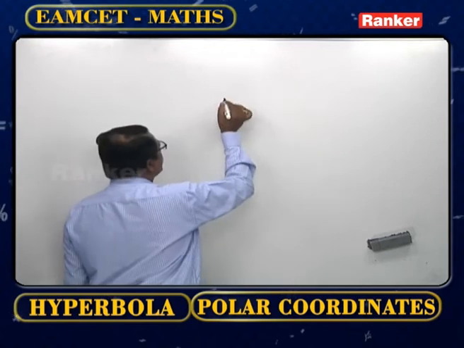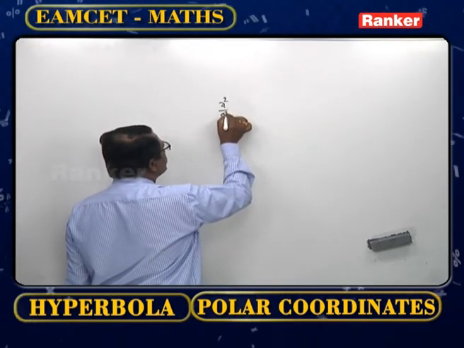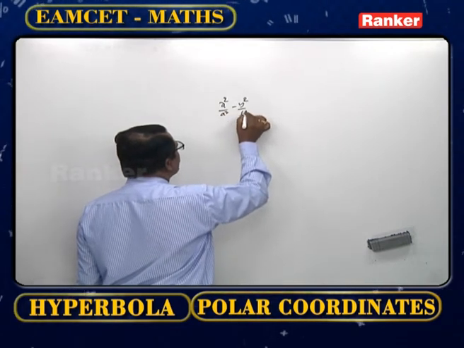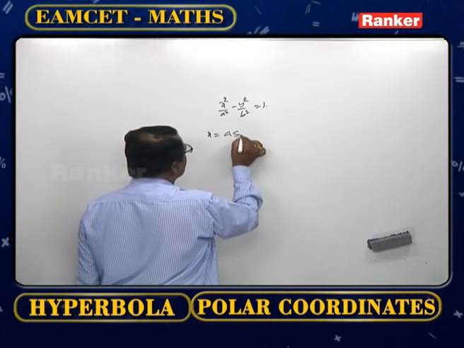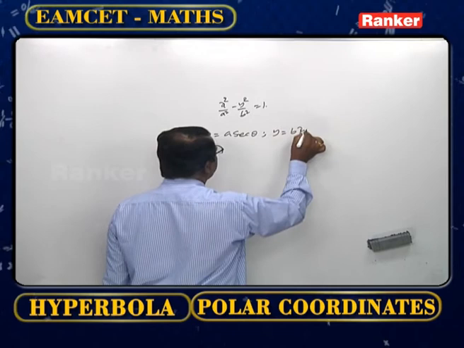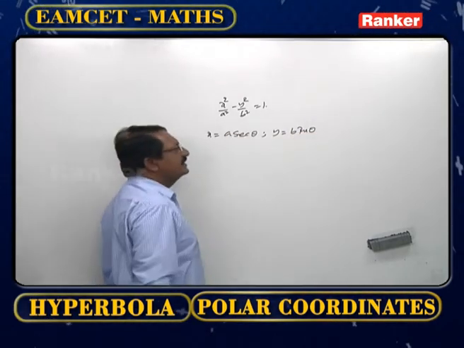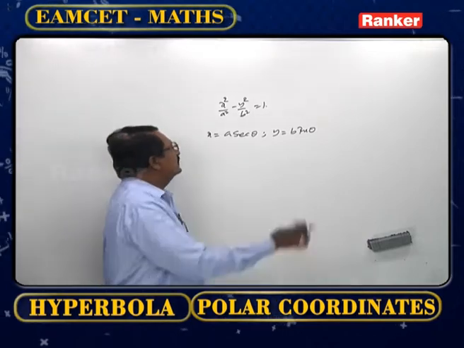Now the parametric equations of the hyperbola x square by a square minus y square by b square equals 1: x equals a sec theta, y equals b tan theta, are called the parametric equations of the hyperbola.